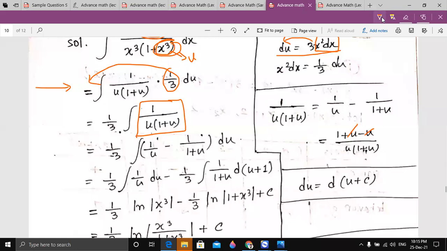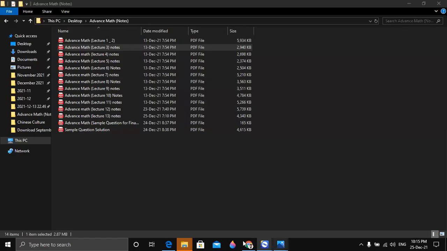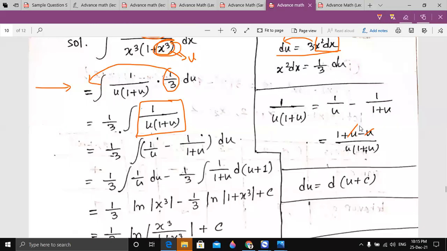So what is the benefit? The benefit here is, if I divide from here, I will get 1 plus u by u into 1 plus u, then minus u by u into 1 plus u.